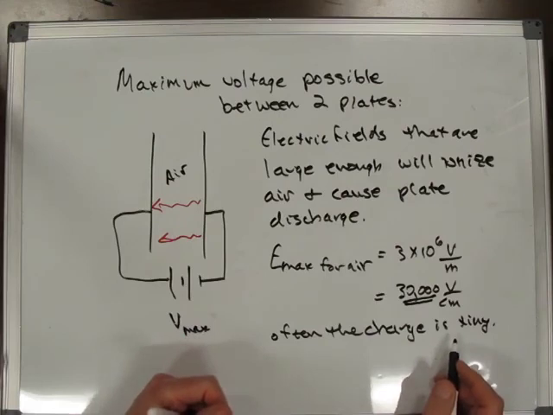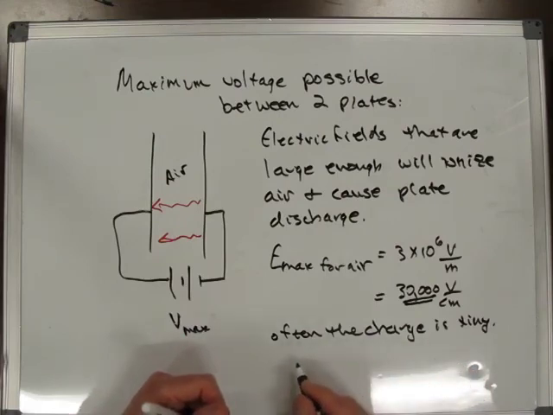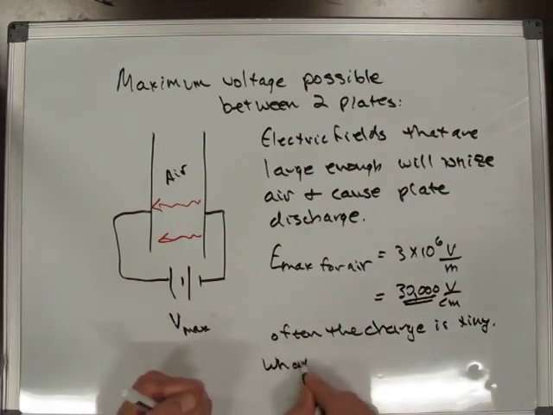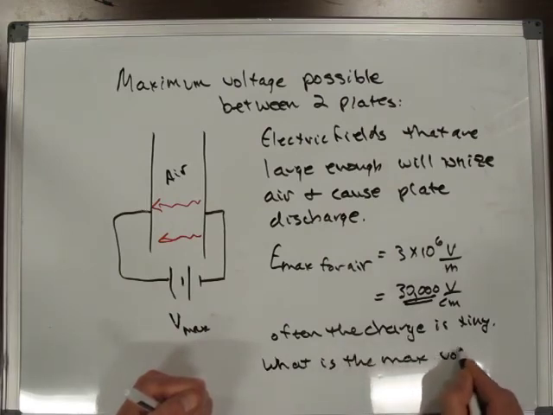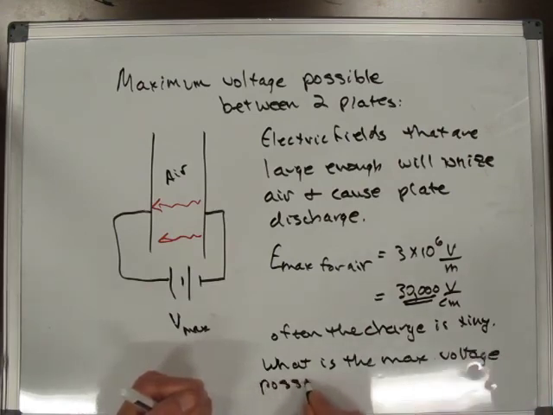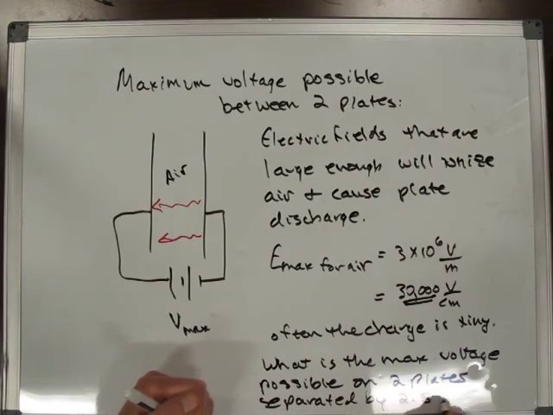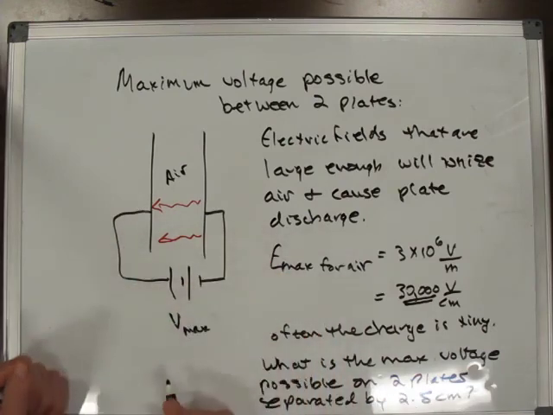And so we're going to ask the question, what is the maximum voltage possible on two plates that are separated by 2.5 centimeters?